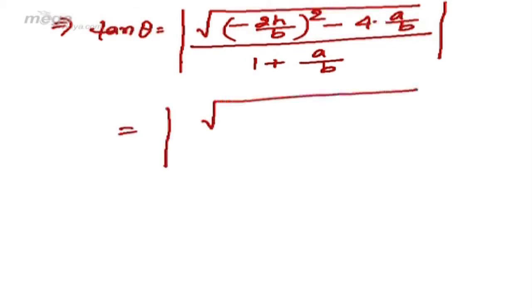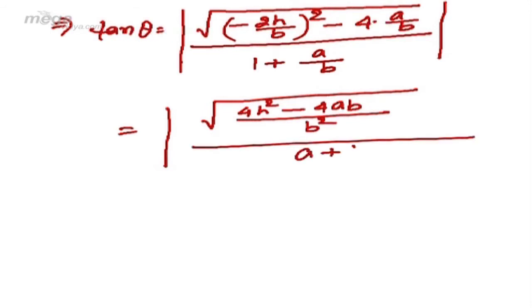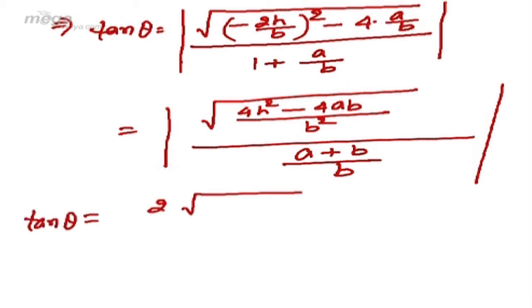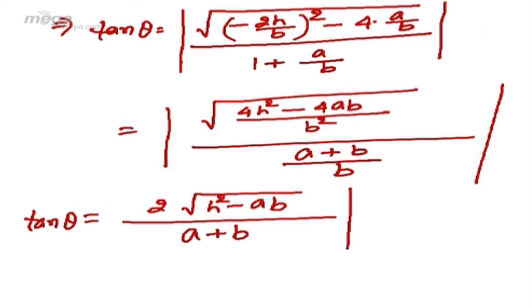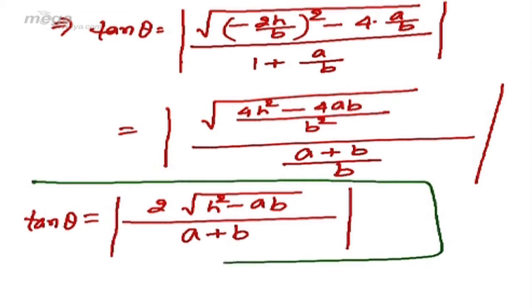You will get root under 4h square minus 4ab upon b square, whole divided by a plus b upon b. After simplification, finally you will get 2 into root under h square minus ab divided by a plus b, and then mod. So this will be the formula in terms of a, b and h.